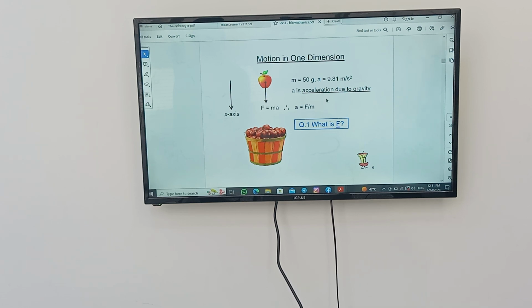The question brings the equation, and they don't give you the value of the gravity. It's 9.81 meter per second squared. What is F? F is m, which is 50, multiplied by 9.81, and we're going to know the value of the force.